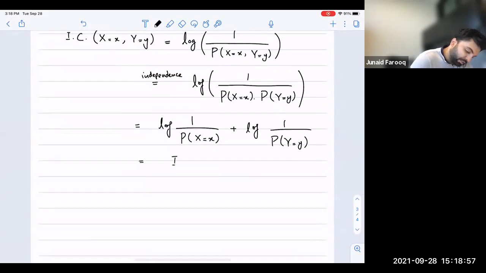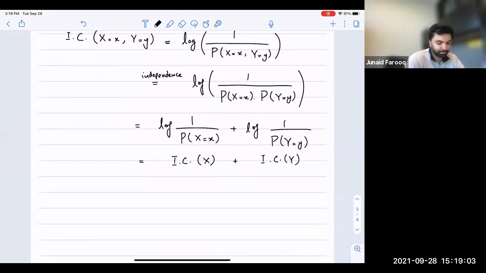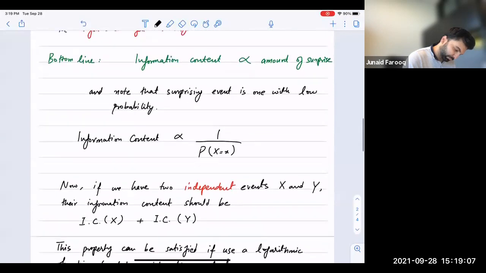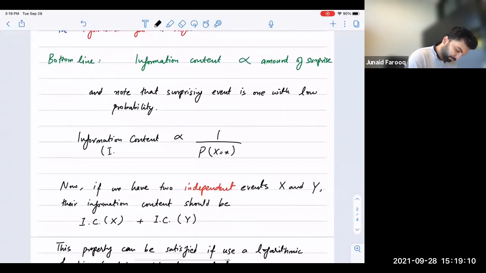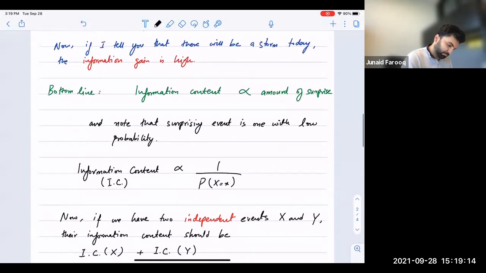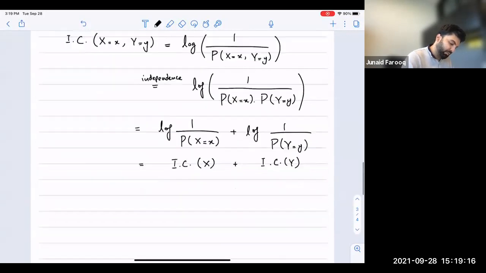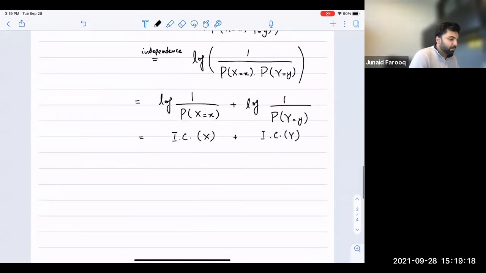And essentially, this is the information content in x, and this is the information content in y. Okay. So any questions so far?